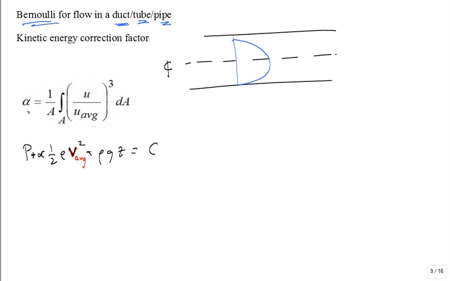If you put that kinetic energy correction factor alpha in there, it's a better approximation. Now, in a lot of cases, alpha is about 1. When you have laminar flow, alpha is farthest away from 1.